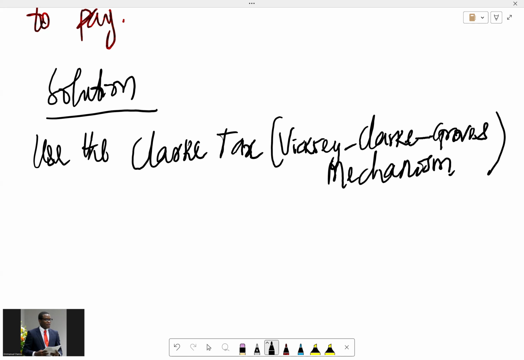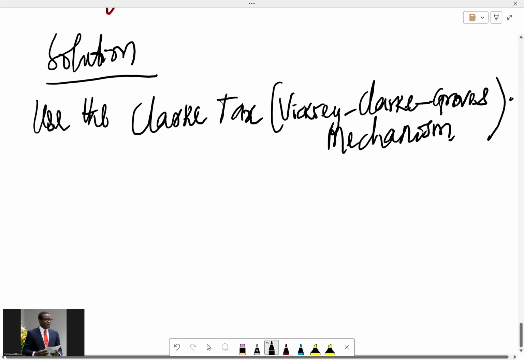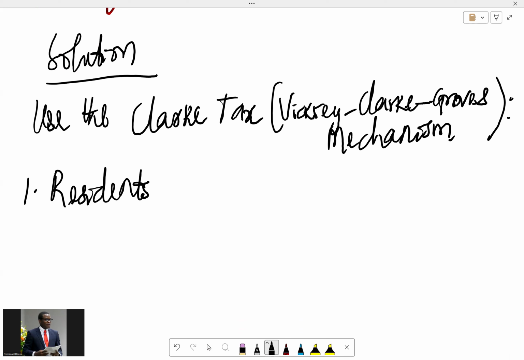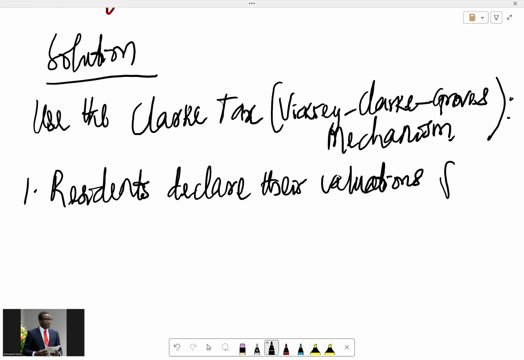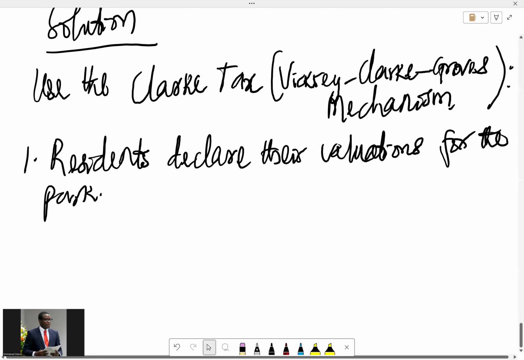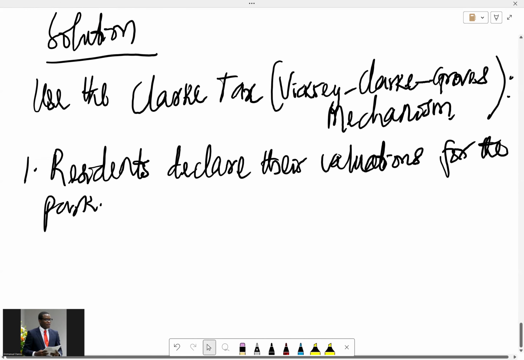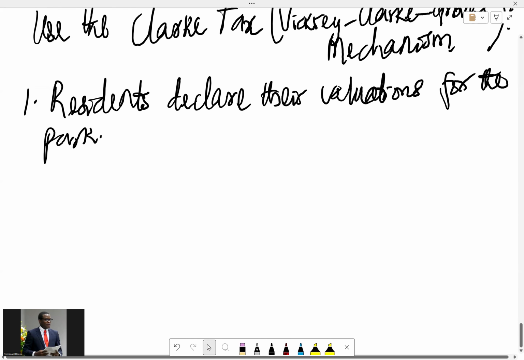So that's the idea of the Clarke tax. So what does that say? First, residents declare their valuations for the park. So something close to what we saw in the case of auction.